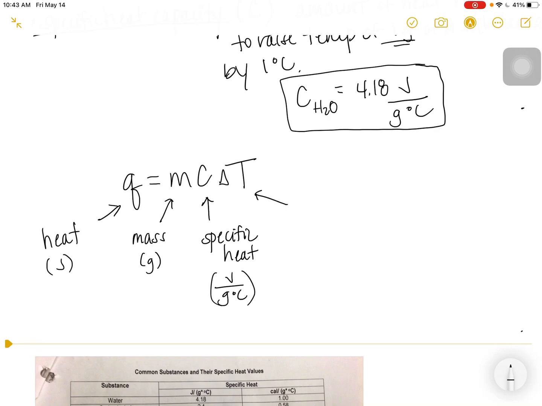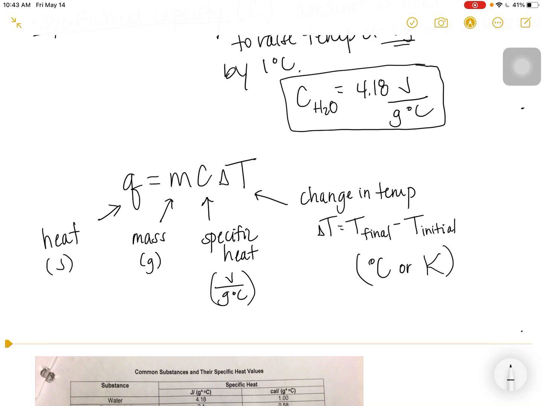And then delta T, so anything delta means change. So this is the change in temperature. This is defined as T final minus T initial. Okay, and the units for delta T can be degrees Celsius, which is most common, or they can be Kelvin.